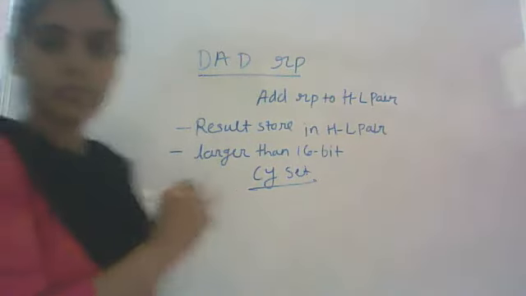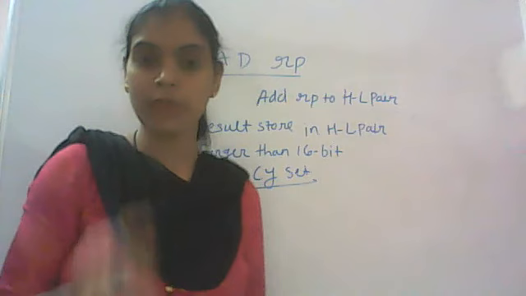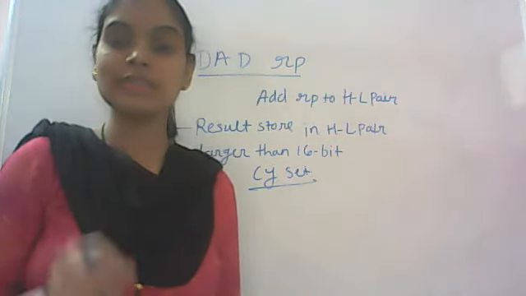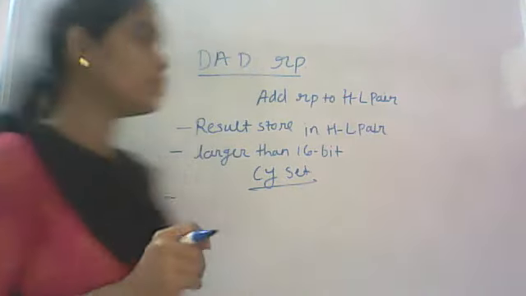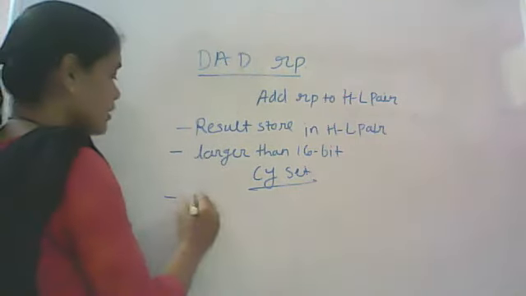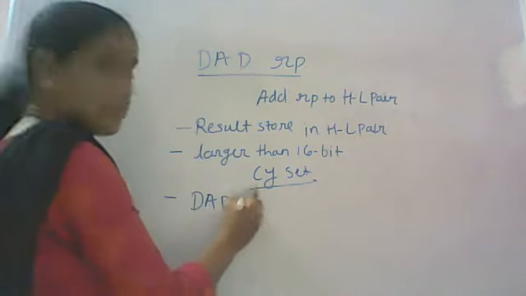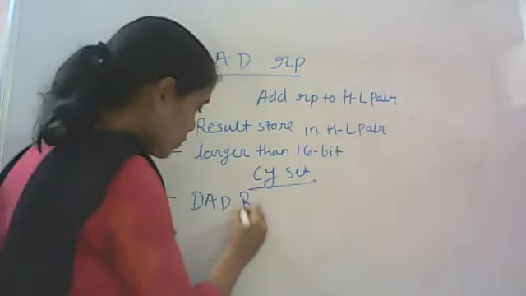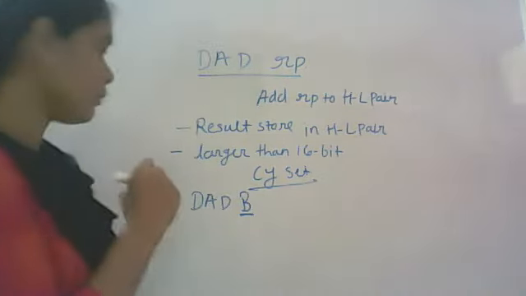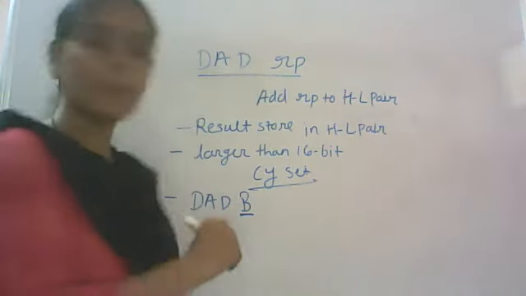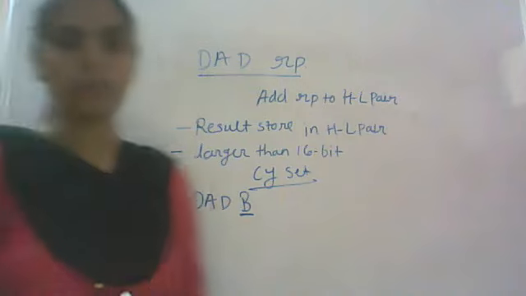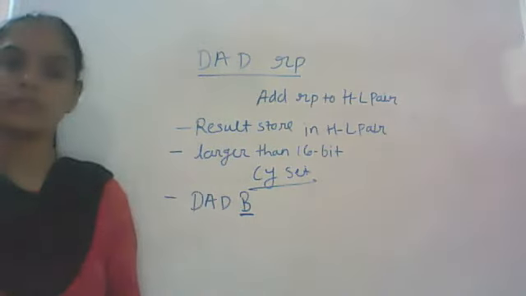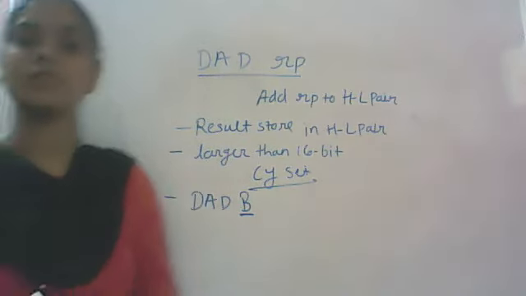Only carry flag is set when the result is larger than 16 bits. For example, DAD B, where B denotes the BC register pair.